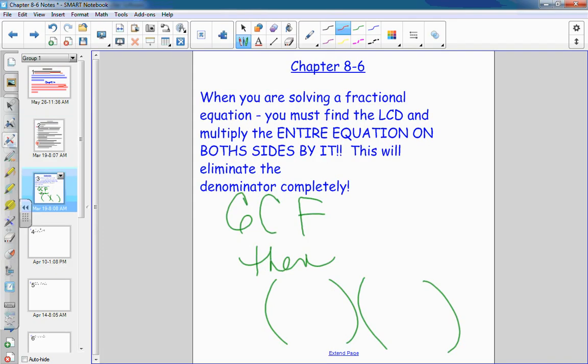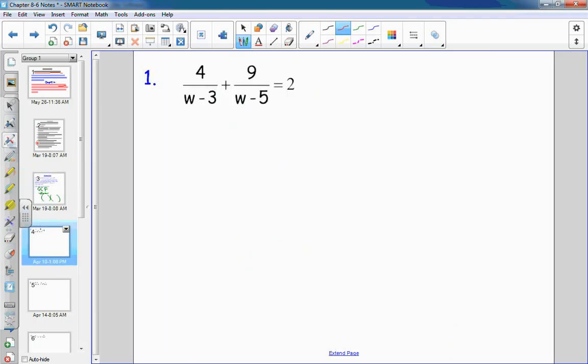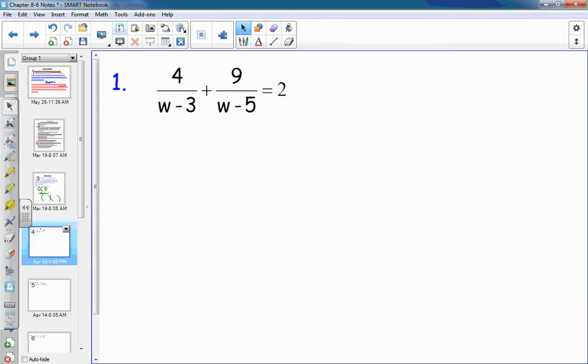Again, when you are solving a fractional equation, you must find the LCD and multiply both sides of the entire equation by it. You wrote that down. Okay, so let's go ahead and do this problem right here. Everyone write this example down.